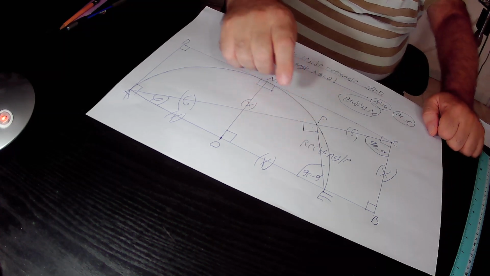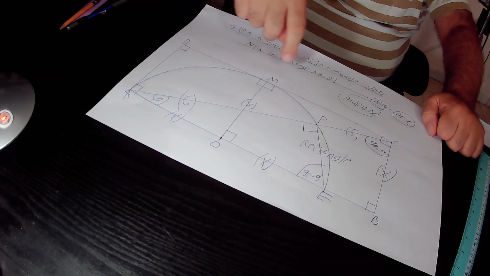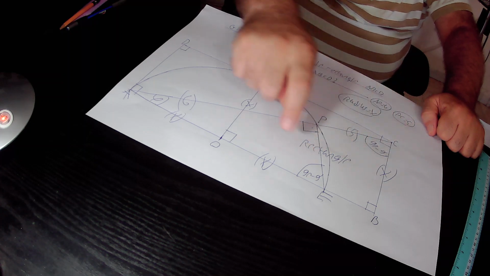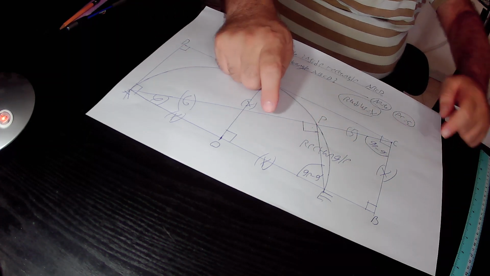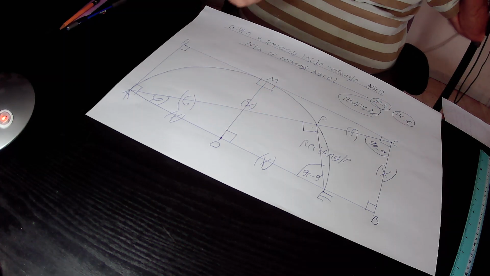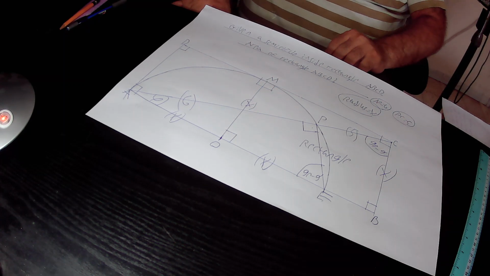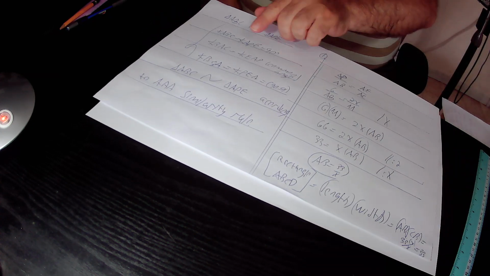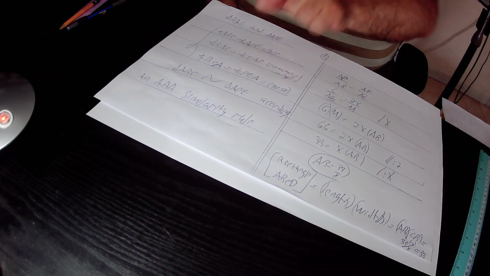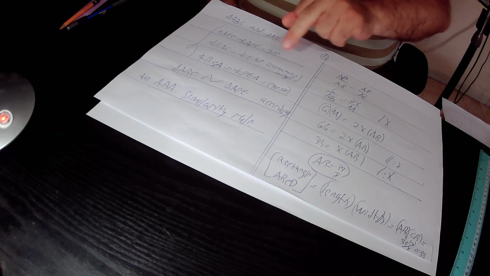So we found that all the angles of the right triangle ABC are correspondingly equal to all the angles of the right triangle APE, and therefore those two right triangles are similar to each other according to the angle similarity rule. Again, the big triangle ABC is similar to the small triangle APE.